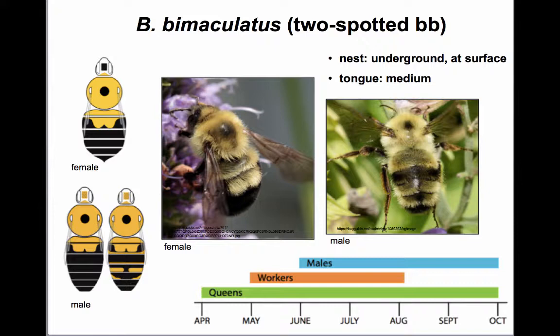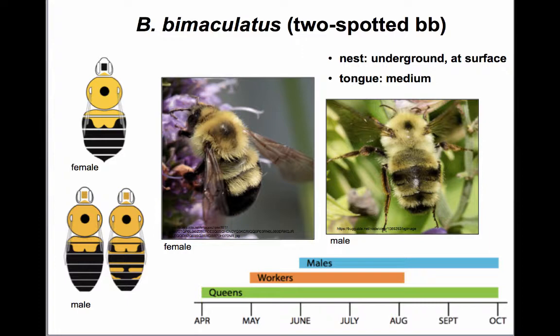So you can distinguish this from Bombus griseocollis, the last one we looked at, by the shape of that light colored mark in the middle of T2. It'll either look like a W or like two yellow spots that have merged together in the center of the segment, giving it that common name, two-spotted bumblebee.